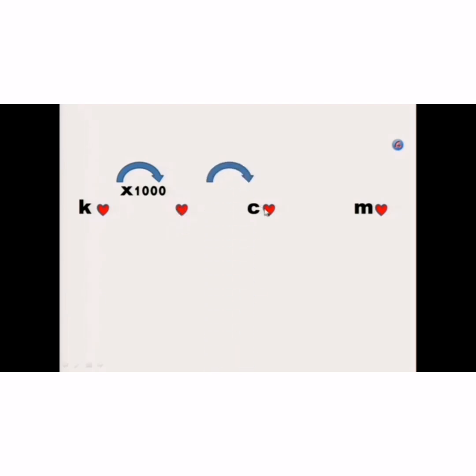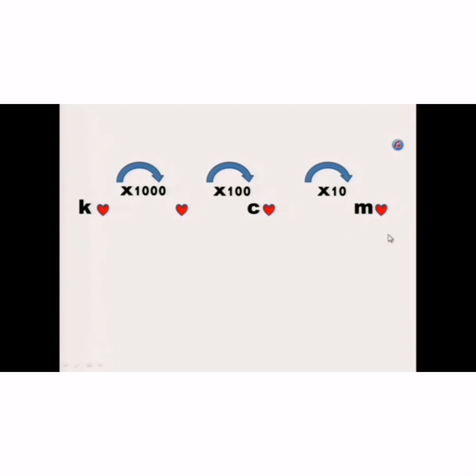If I go from the heart to the centiheart, there's a conversion factor of 100. And if I go from the centiheart to the milliheart, there's a conversion factor of 10. If I am moving in this direction, from this very big unit to the smaller sides, I always multiply.